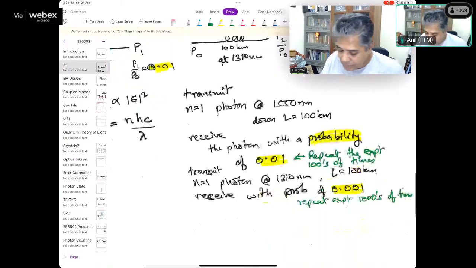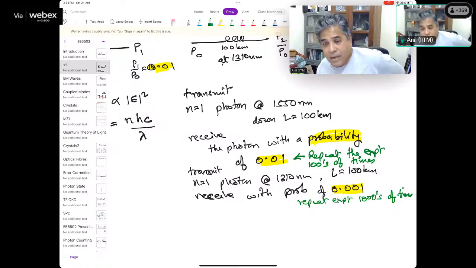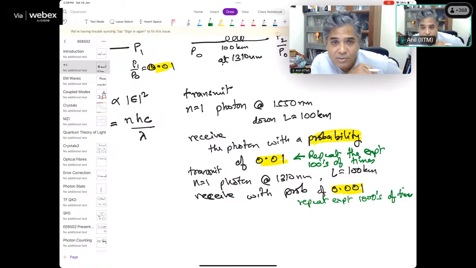And that's how you understand probability. Again, I emphasize this because people don't always pay attention to it, and we end up with the wrong conclusions when we are talking about probabilities. If the probability is 0.001, you need to run the experiment a few thousand times.